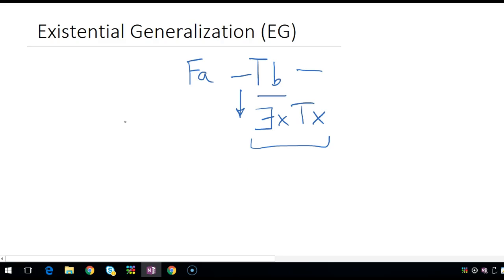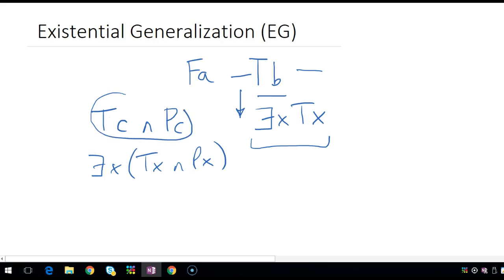You know, if you know that a certain individual, call that individual C, has characteristic T and P, so you know that C is both T and P in terms of characteristics, then you know that there's something such that that thing has characteristic T and characteristic P. Okay, so in this case, the generalization obviously involves the whole formula.